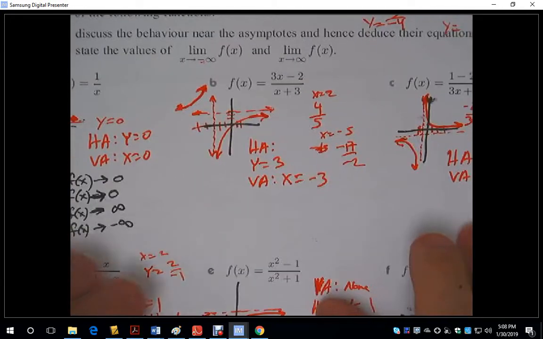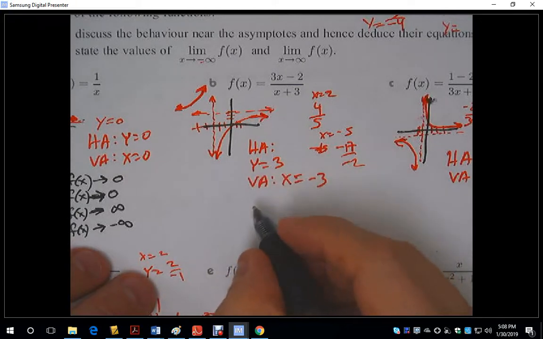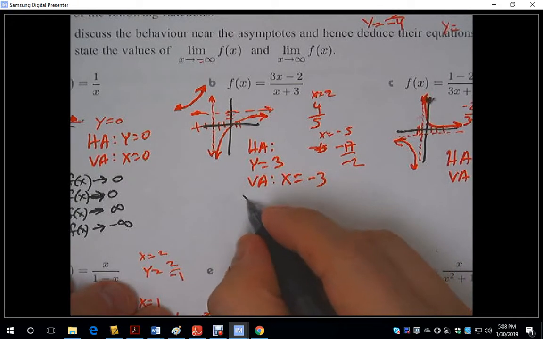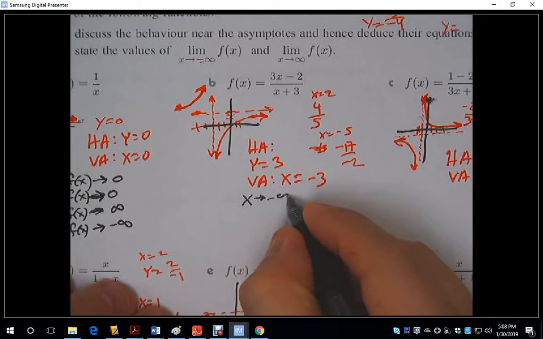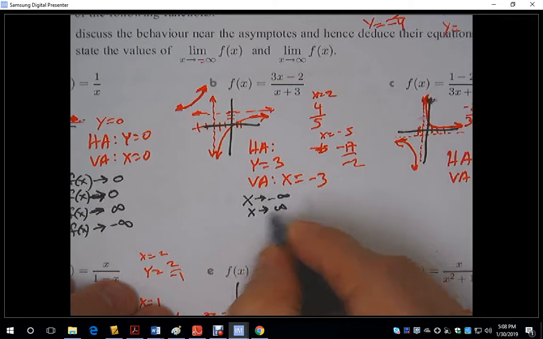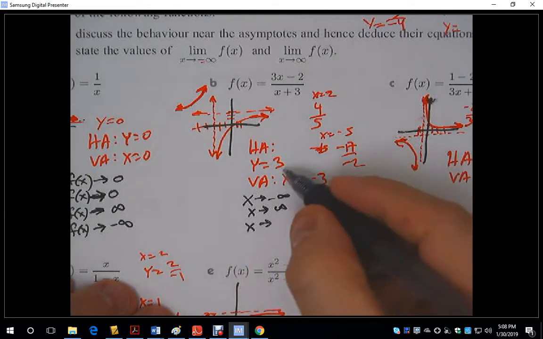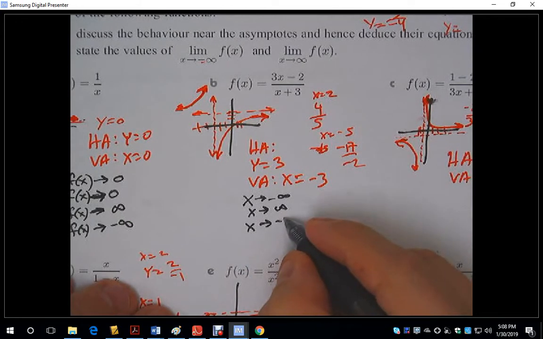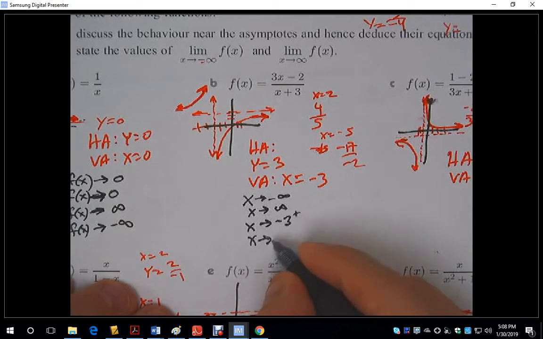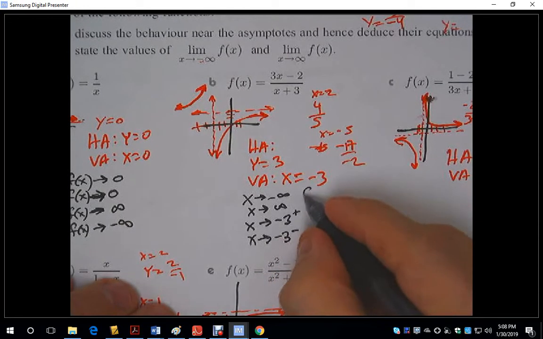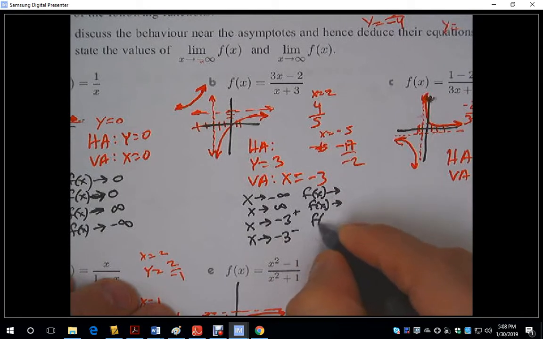Let's do the same thing for this one over here. I want to examine when x approaches negative infinity, when x approaches infinity, and when x approaches my vertical asymptote, in this case negative 3, from the right side and from the left side.